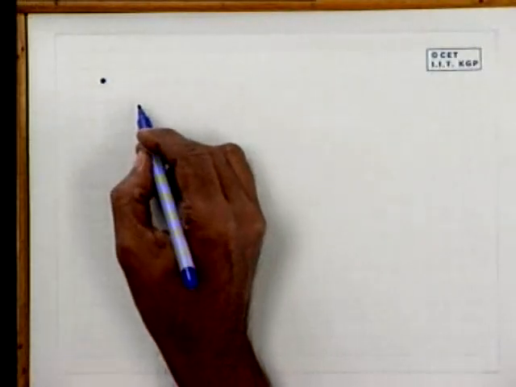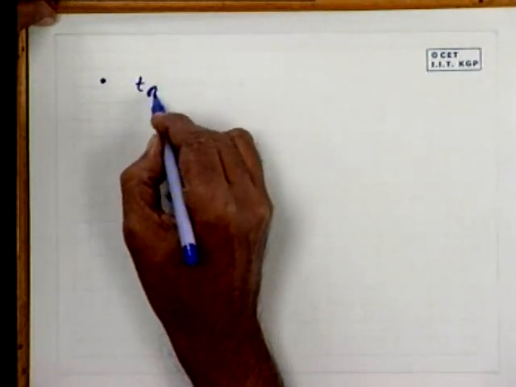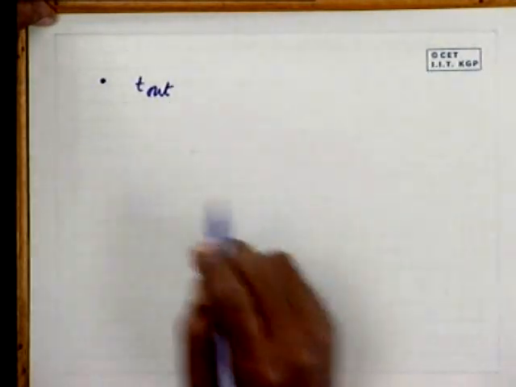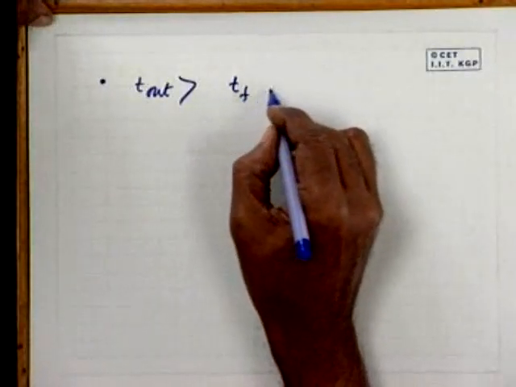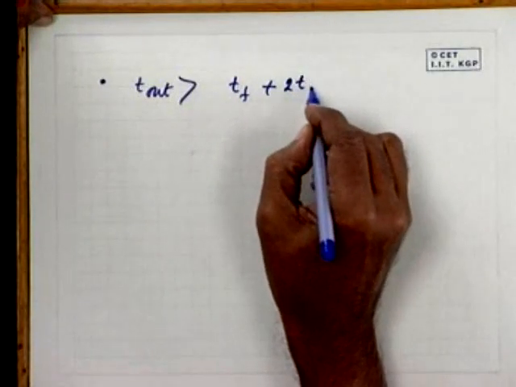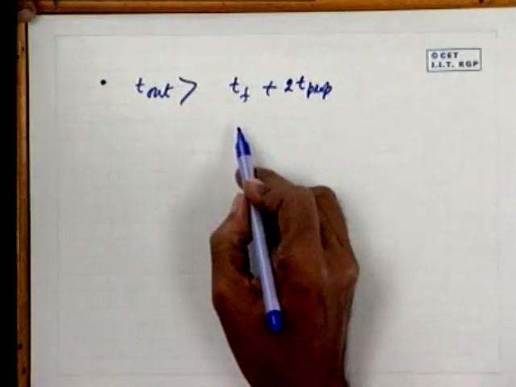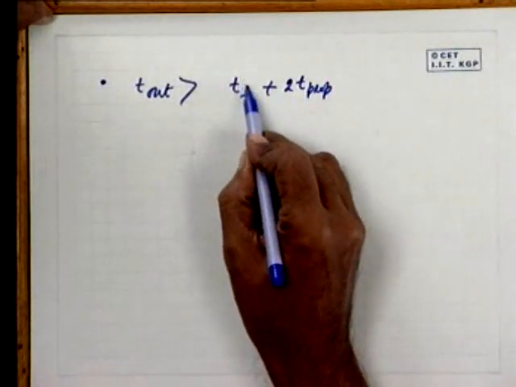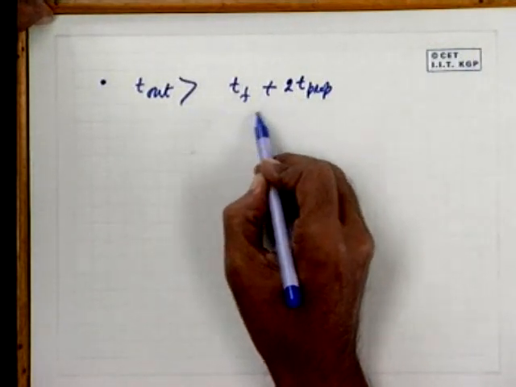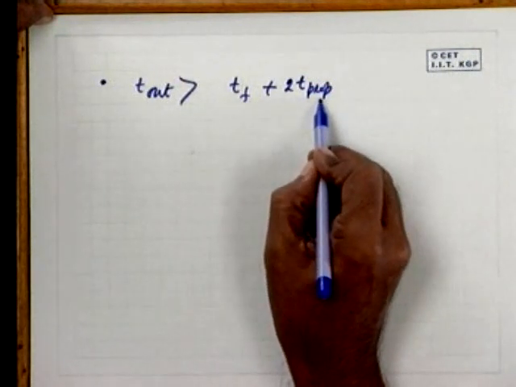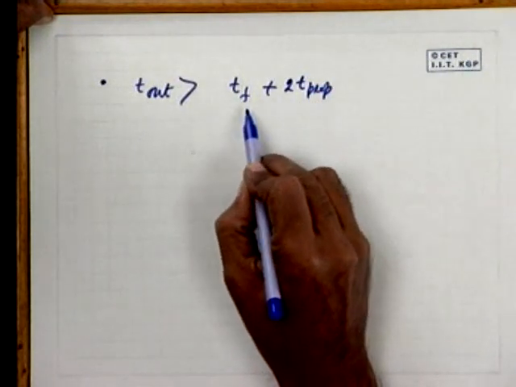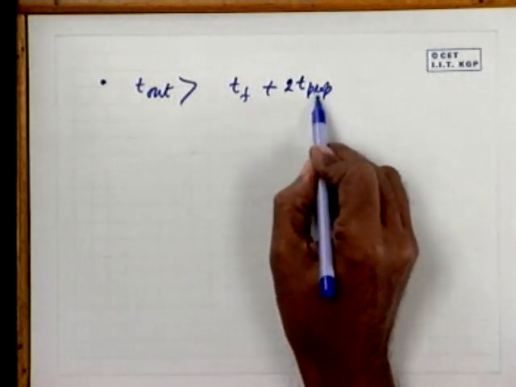Now, what should I tell about the timeout? How to decide the timeout time of the timer? This should be greater than TF plus 2 into TP, the propagation time. The reason is, we have seen that this is the time required to send a frame, and these two propagation times are needed, one for sending the frame, another for sending the acknowledgement.